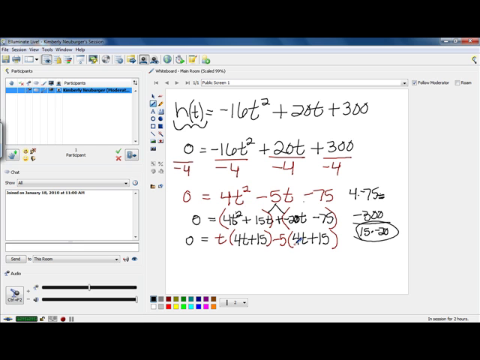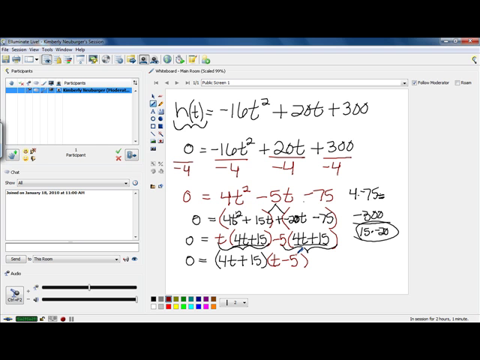Now these parentheses match, and we can treat this like one large term and this like one large term. Both of them have a 4t plus 15, so let's factor out the 4t plus 15. And we're going to carry down our equals 0. When you factor out that 4t plus 15, it leaves you with a t minus 5.